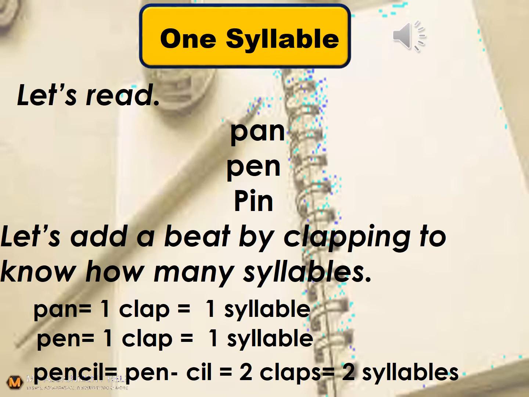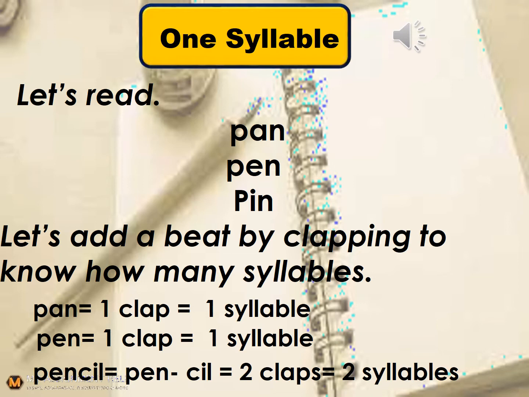One syllable. Let's read. Pen, pen, pin. Again, pen, pen, pin. To know the syllable, we can add some clapping. For example, the word pen. Let's add some clap to know the syllable.